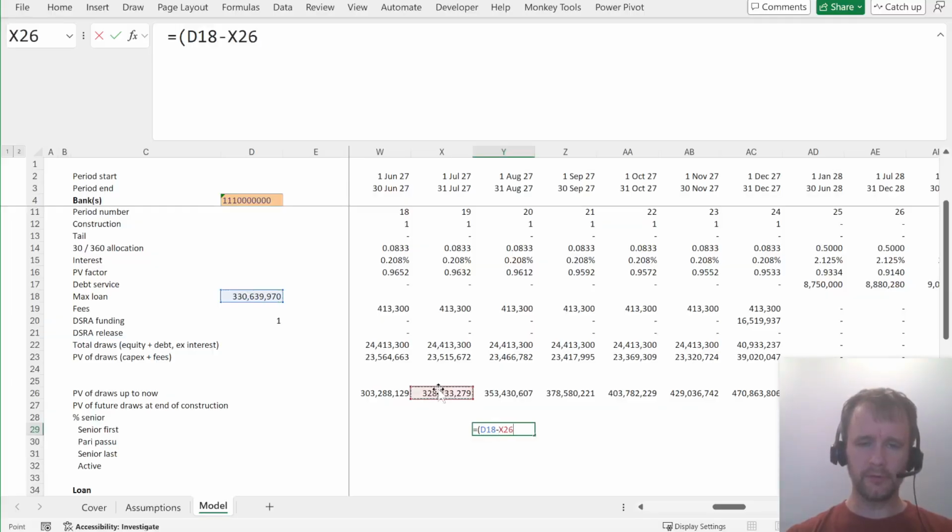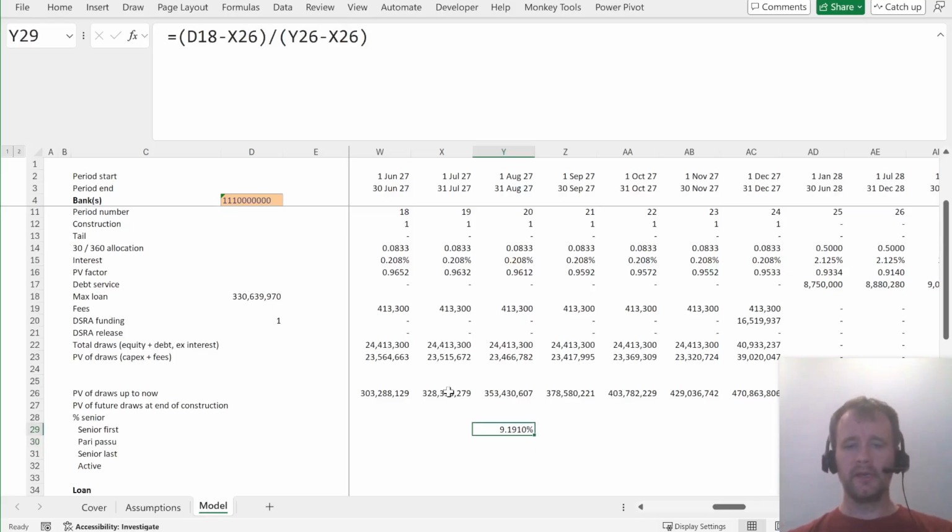So in other words, from the starting point, where can we get to? We can go up by a little over 2 million as a percent of this minus this. And that gives us 9%.